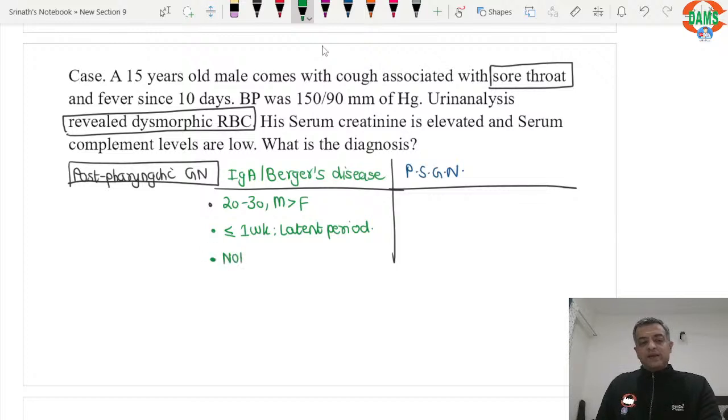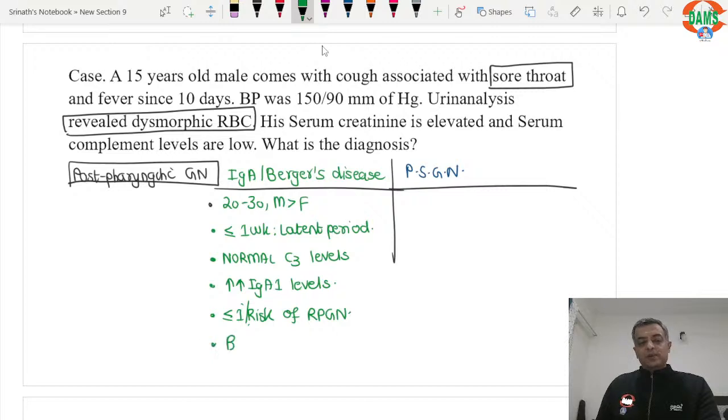These patients have normal complement levels because activation is not by the complement mechanism. There is elevated IgA1 level, and this has the least risk of RPGN, less than 1%, making it the best prognosis.